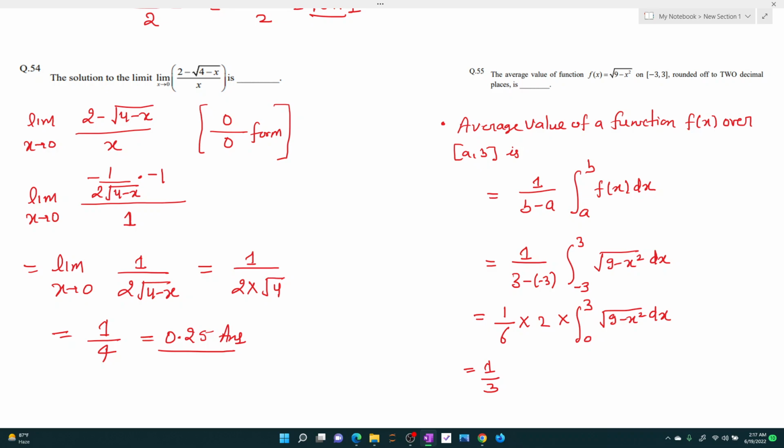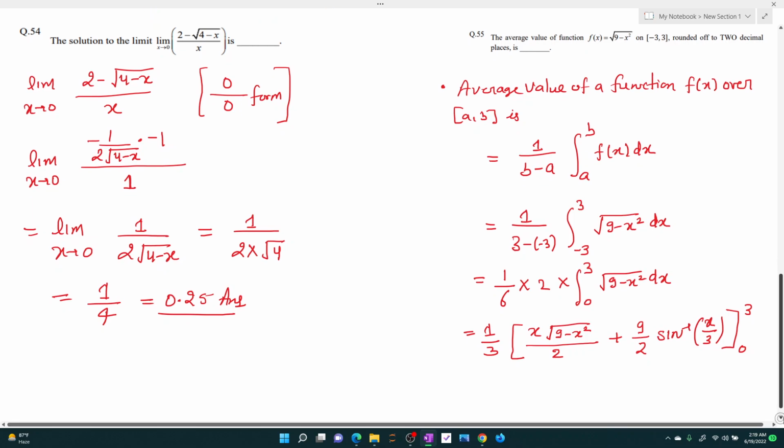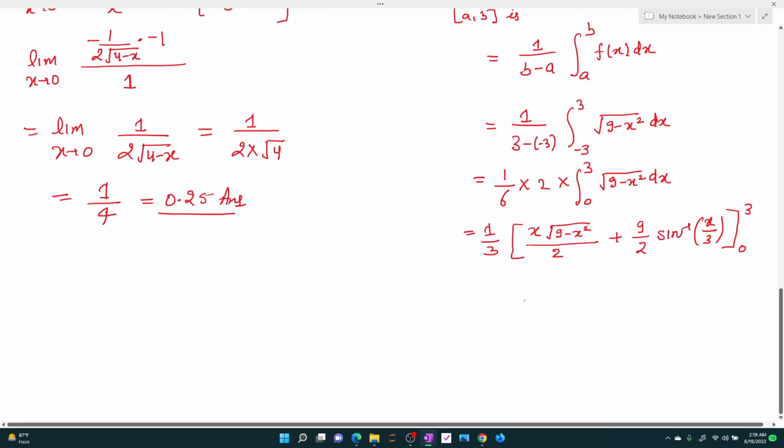So we can directly apply the formula for the integration of square root of a square minus x square, and by applying that formula we have the value like this, right? x into square root of 9 minus x square divided by 2, plus 9 by 2 into sine inverse x by 3, and the limits go from 0 to 3, right? So let's put the value 3 here.